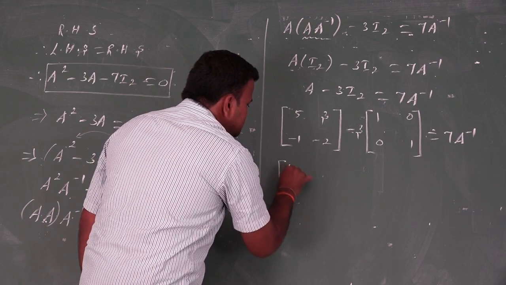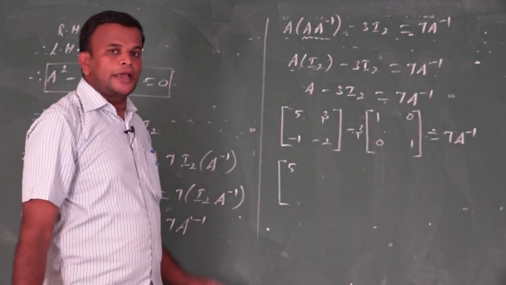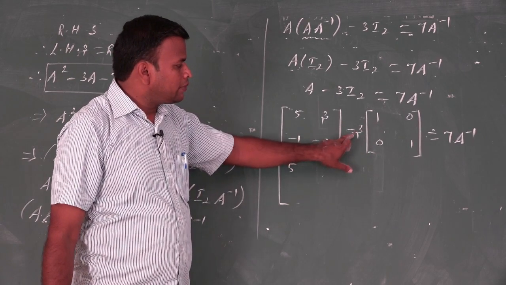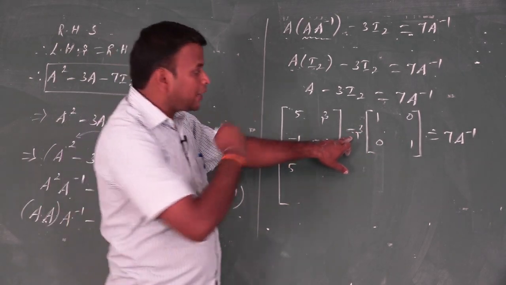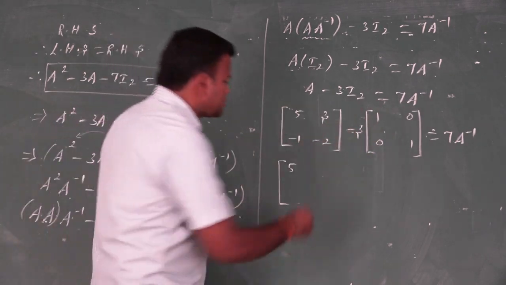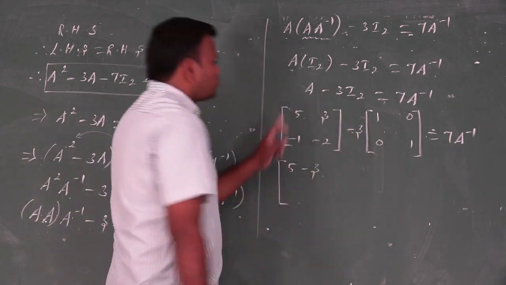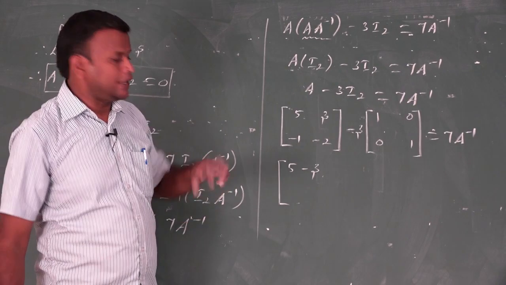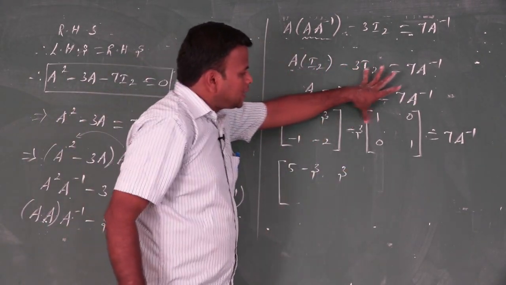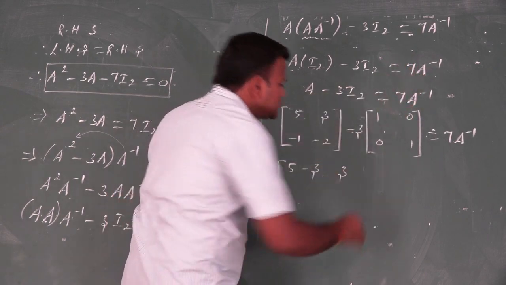The first element is 5. The corresponding element is 1, but outside there is the number minus 3. So I multiply minus 3 directly. So minus 3 into 1 is minus 3. So 5 minus 3. Next 3, minus 3 into 0 is minus 0 or plus 0.